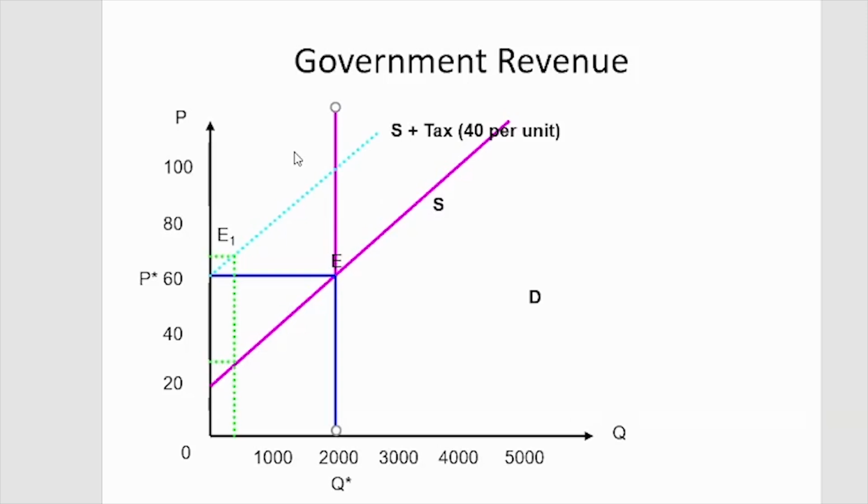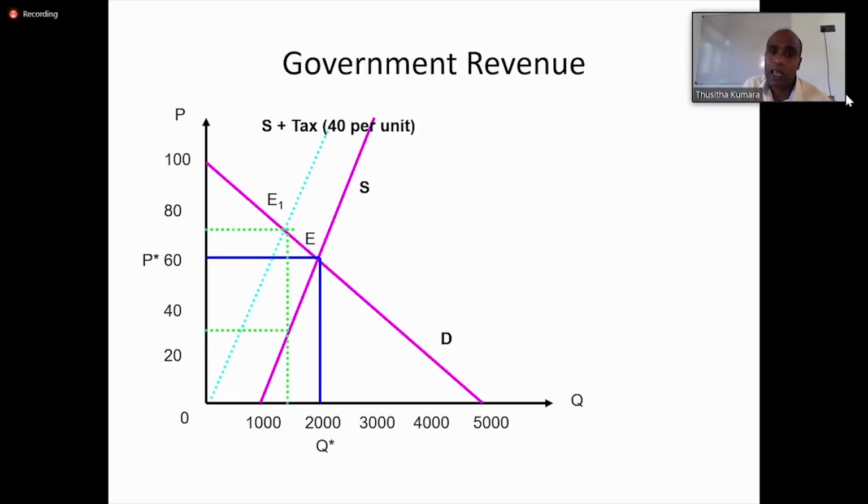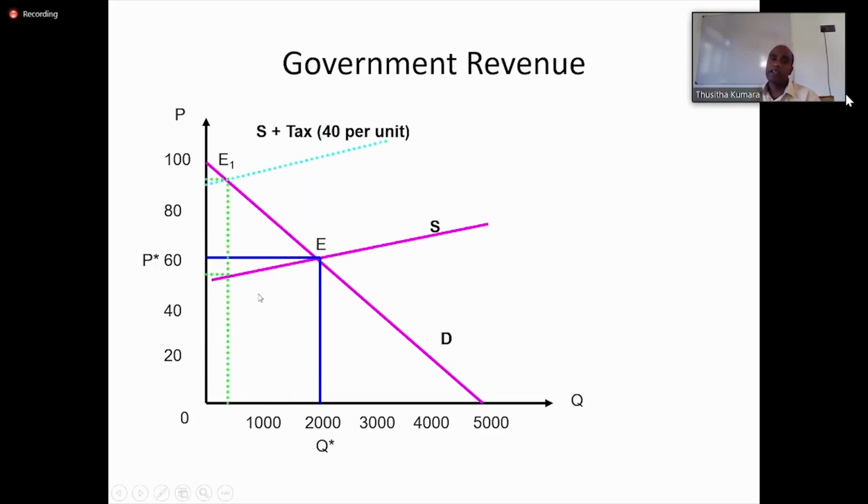Therefore, whenever we are going to put a tax, we should know what will happen to the tax revenue. So this one also shows that when supply is inelastic, total tax revenue will be high.